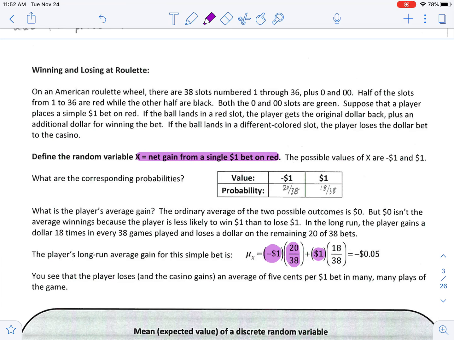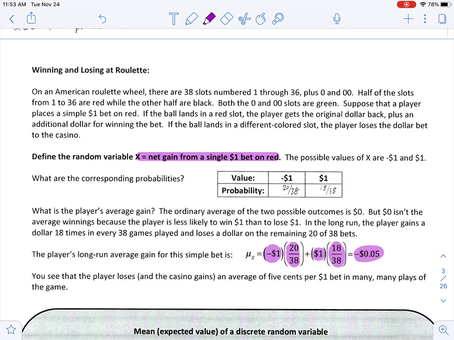We expect to win $1 18/38 of the time. If we multiply those, if we lose $1 by that probability and we win $1 by that probability, and we add those up, that's what we expect to happen, right? This often we expect to do that, and that often we expect to do this. You add them up, and you expect to lose 5 cents every time you play this game.